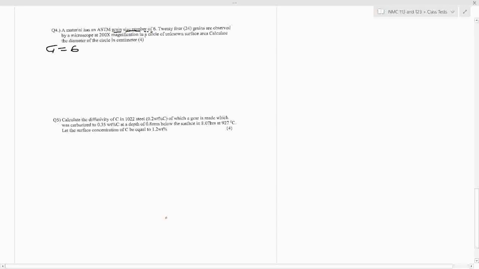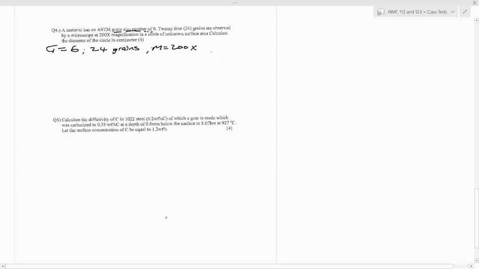Pay attention to this. 24 grains are observed by a microscope at a magnification of 200 in a circle of unknown surface area. Calculate the diameter of the circle in centimeter.